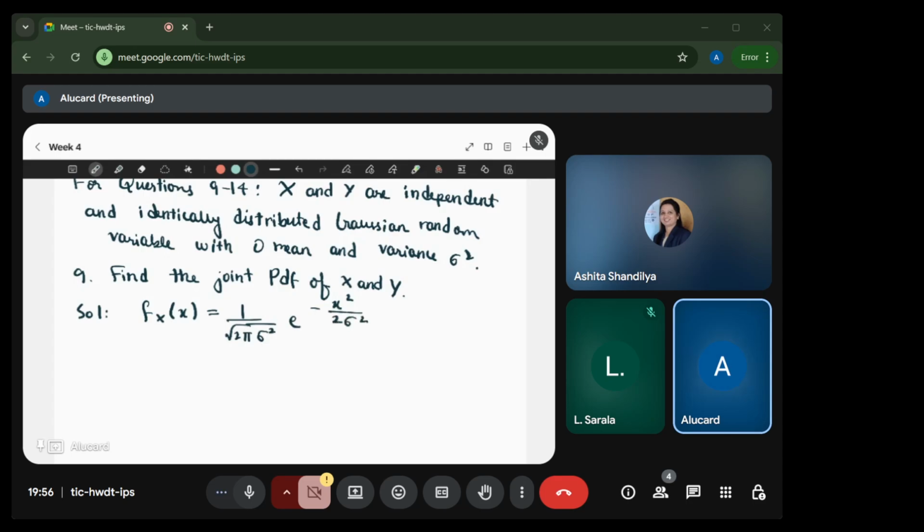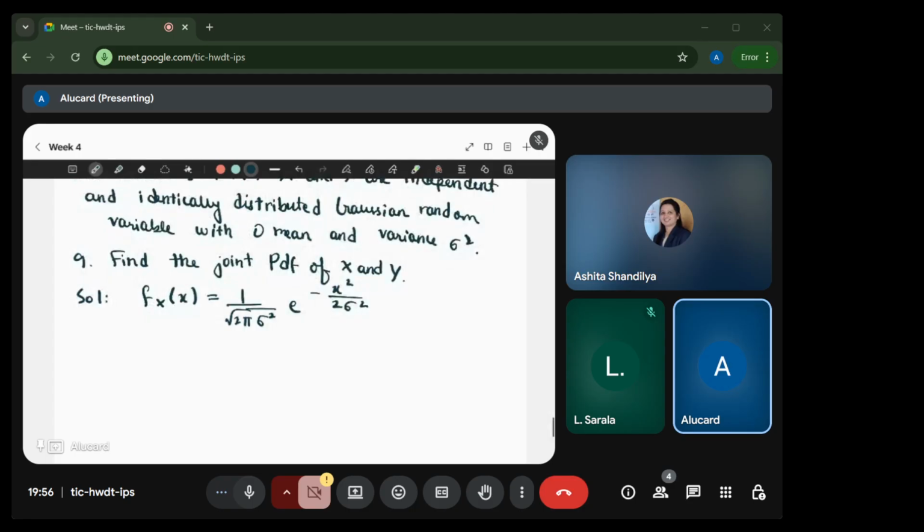Mean is 0. Similarly, fy of y is 1 over square root of 2 pi sigma square e power minus y square over 2 sigma square.